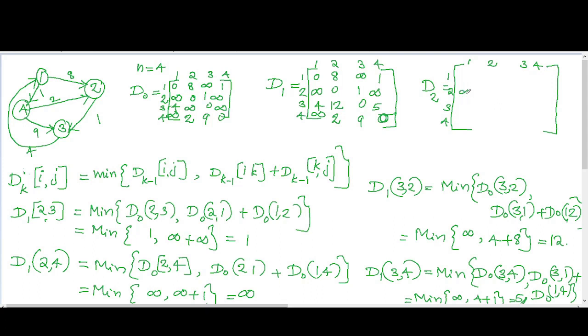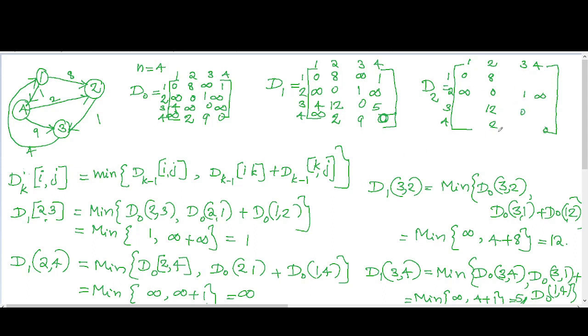So here you have infinity, 0, 1, infinity. Then what is the second column here? 8, 0, 12, 2. The second row and column are fixed. Okay. Also the diagonal elements are 0.